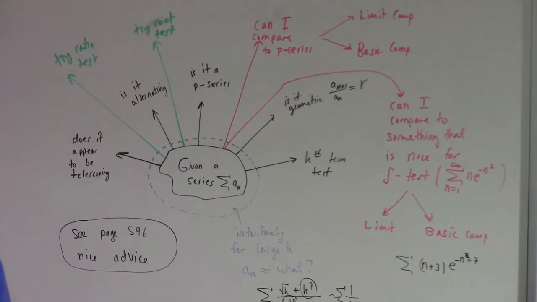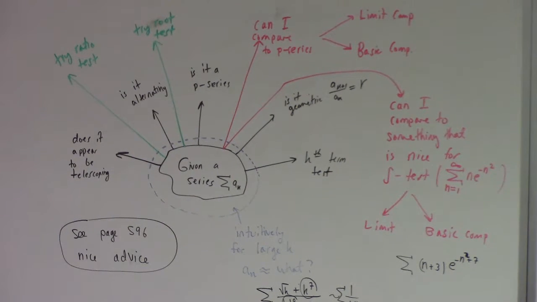Which one you do just depends on what you see. If you see the necessary inequality, then you can do direct comparison, or basic comparison. If you don't, then you can try the limit comparison, where you divide two things and do algebra, so it's less inequality based. Limit comparison is a little bit safer in that regard because it's mostly based on algebra, not as much on your understanding of inequalities.